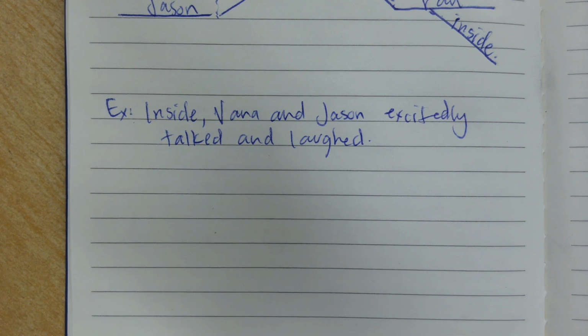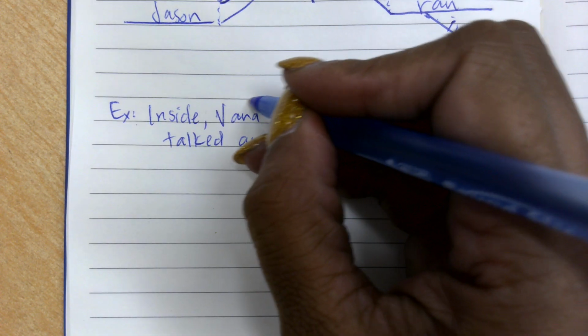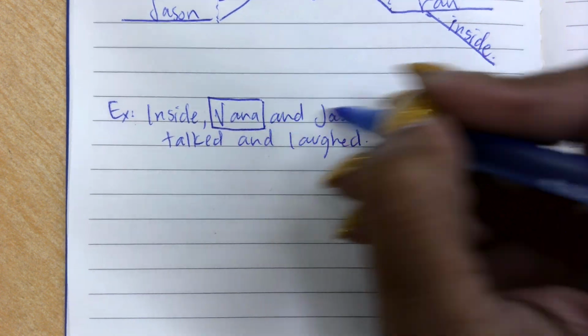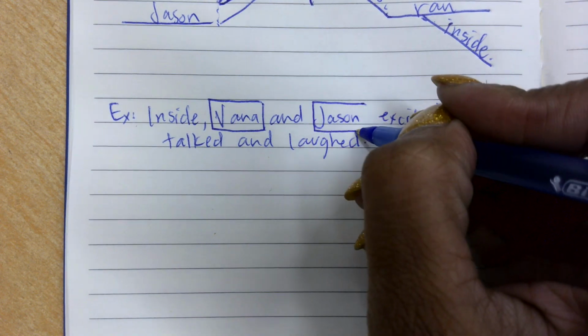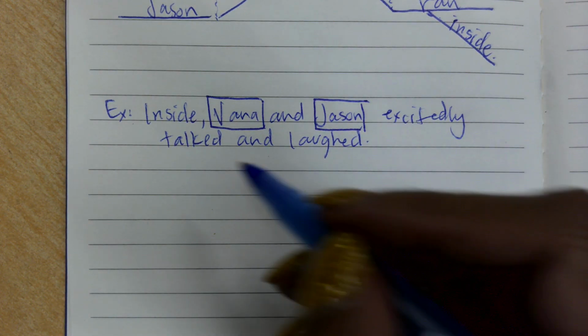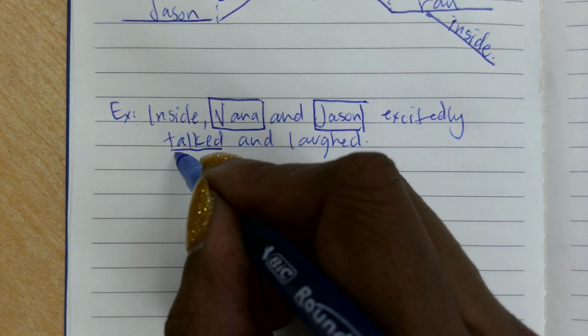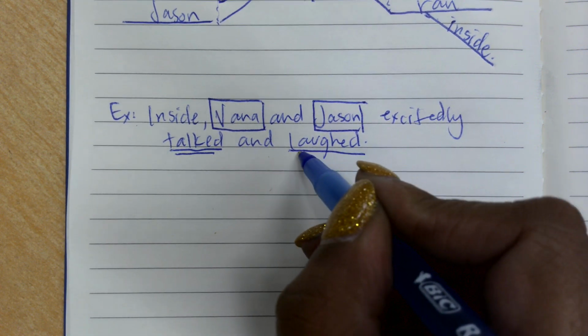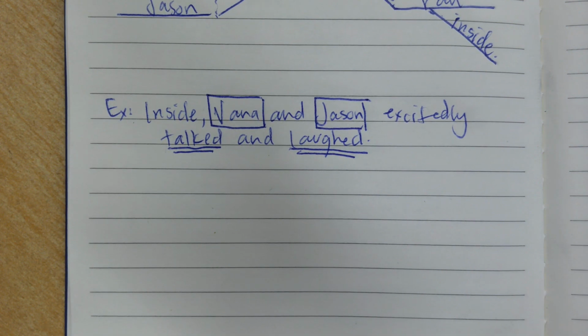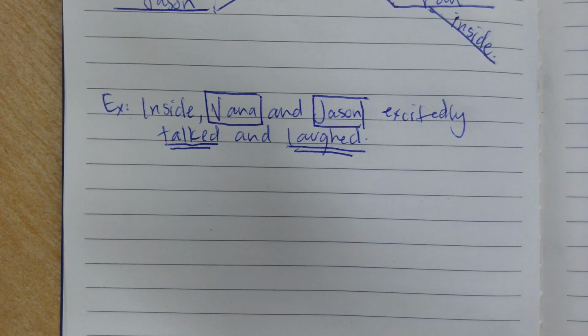Here we still have the two subjects, Vana and Jason, and the two verbs, talked and laughed. And then we have modifiers.